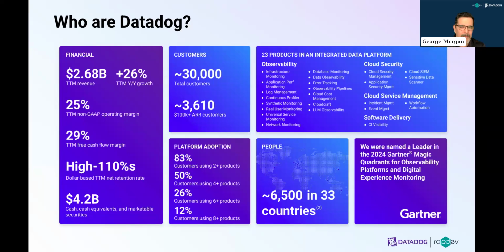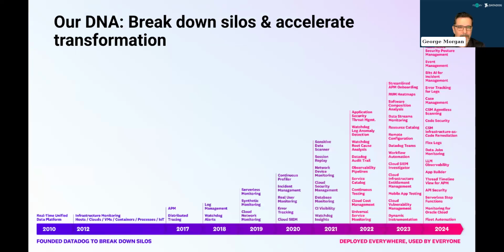So if we look at the next slide, of where we've come from and where we're going: our DNA in general has been breaking down silos, accelerating transformation, a lot of concepts around DevSecOps when it comes to the observability space.